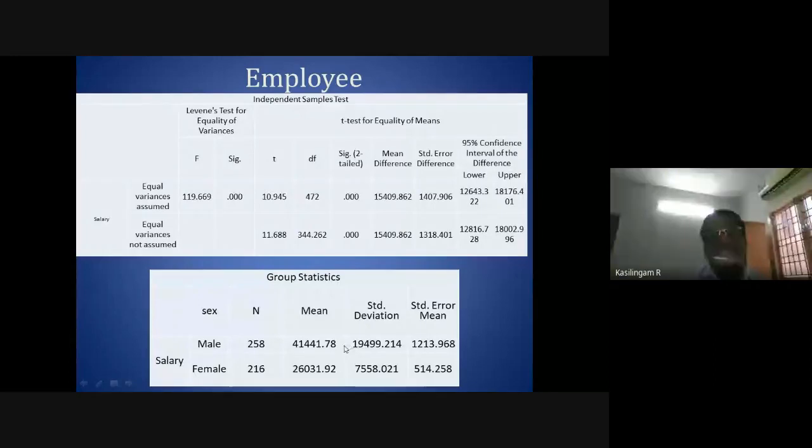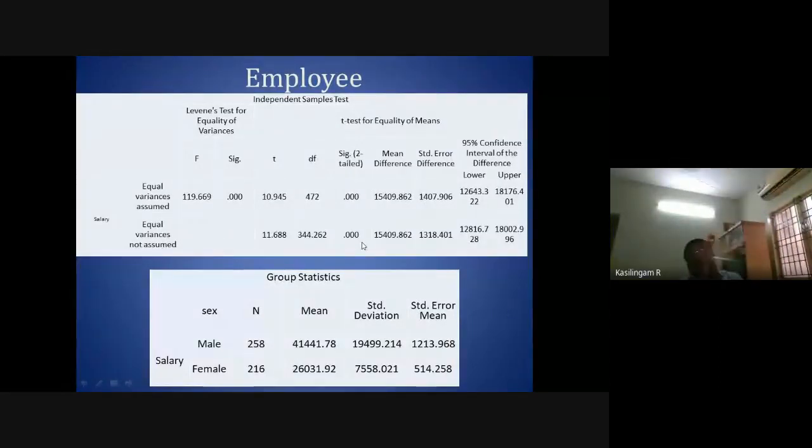Female salary is 26,031. There is a difference. What is the difference? There is a difference of 15,409. That is the mean difference value.